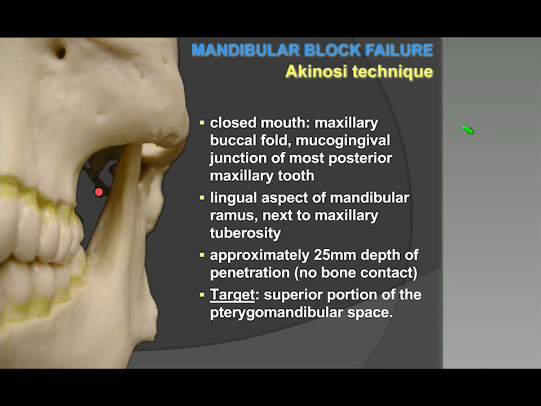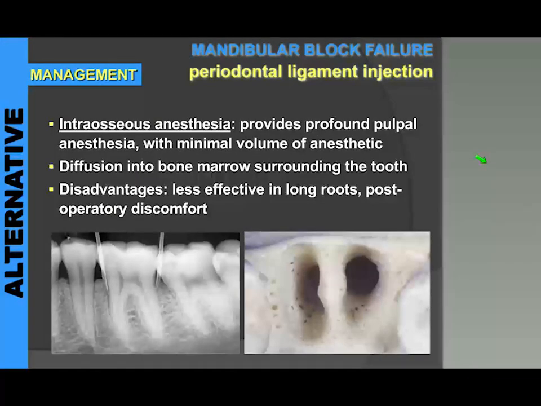Again, it's helpful when patients have minimal opening or if they're trismatic, and it is considered a high block technique. And you can see here this red dot, pretty high. You know, you're up above the CEJ of those maxillary teeth. So it is a high block technique, just a little bit of another variation. Periodontal ligament injection can be very helpful.